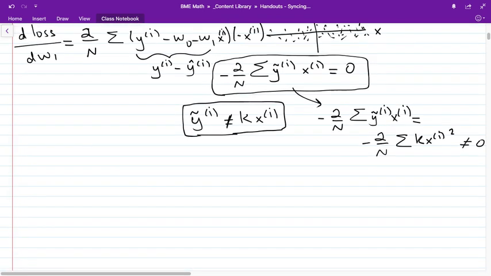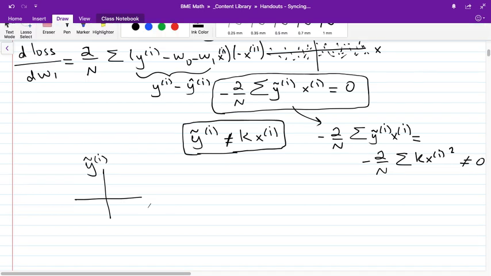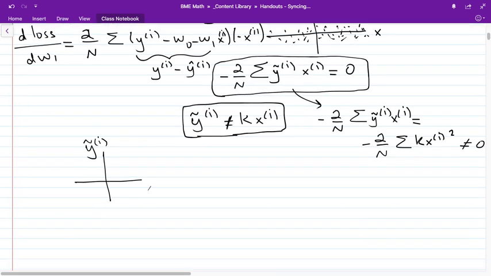If you now go back and look at your data and you plot your errors as a function of x, you should not see, obviously, something like this.